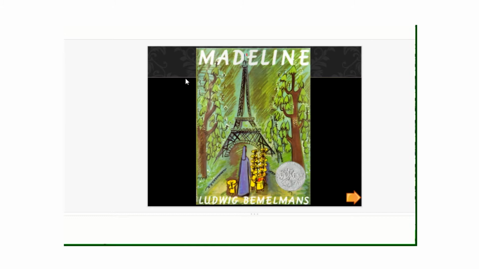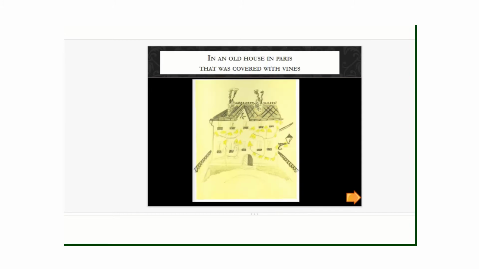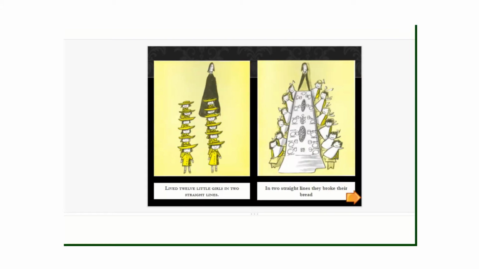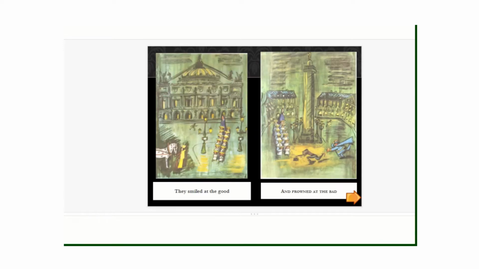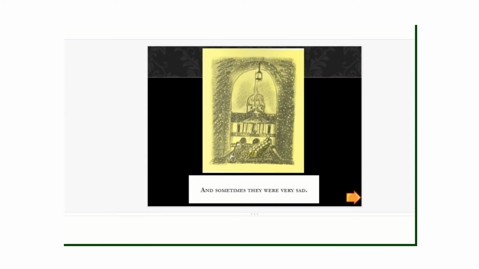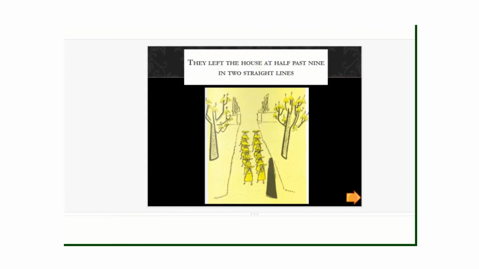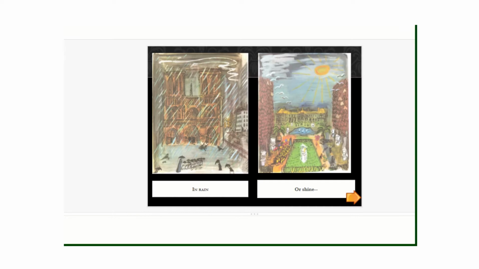Right, so Madeline by Ludwig Bemelmans. In an old house in Paris that was covered in vines lived 12 little girls in 2 straight lines. In 2 straight lines they broke their bread and brushed their teeth and went to bed. They smiled at the good and frowned at the bad, and sometimes they were very sad. They left the house at 9:30 in 2 straight lines, in rain or shine.